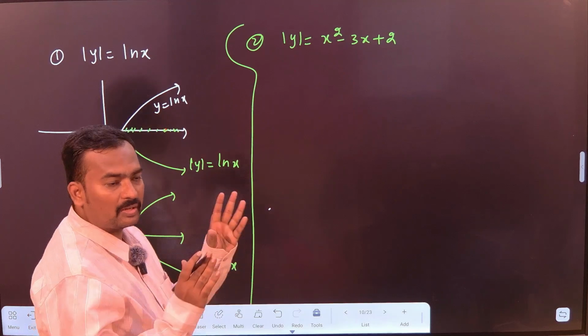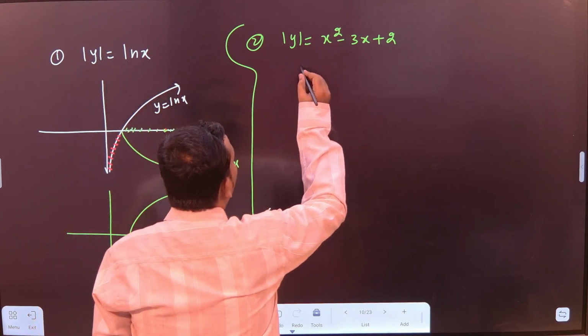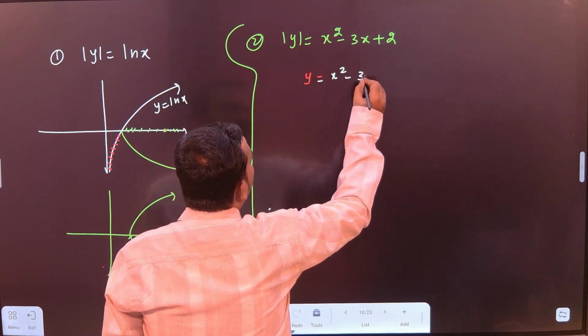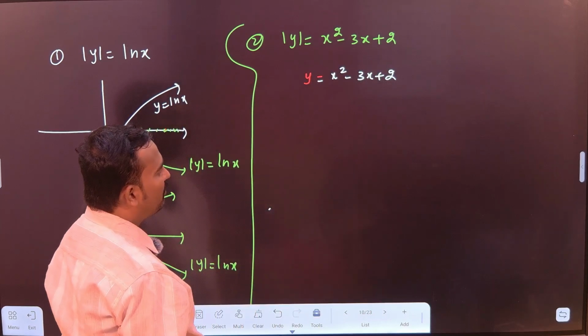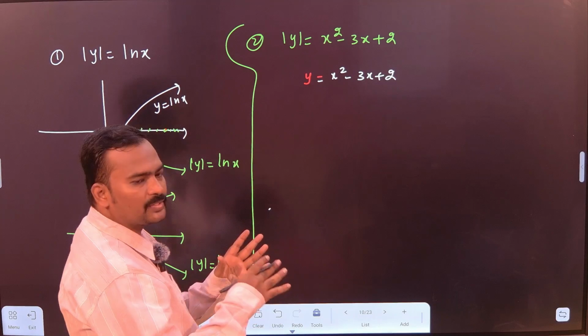First you have to draw the graph of x square minus 3x plus 2. First you have to find the roots of this one and then the vertex of the parabola.